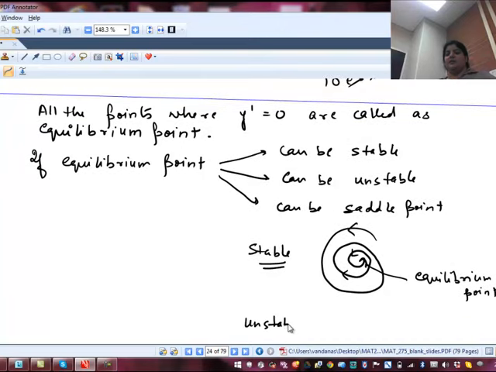Unstable will be: you start here, say, and you are moving outward from this point, going outside. So it's unstable. Saddle will be like a horse saddle.